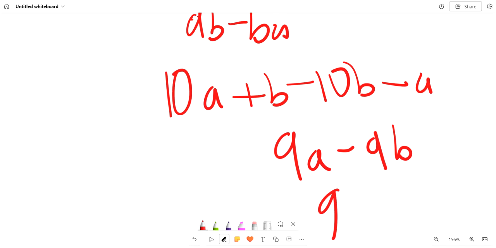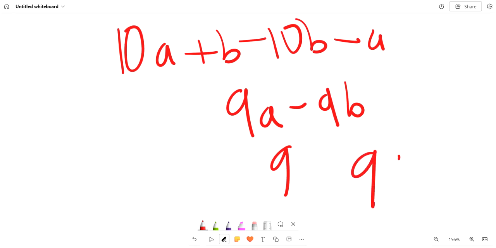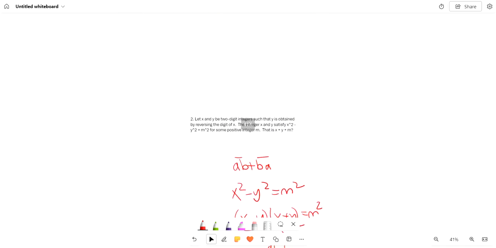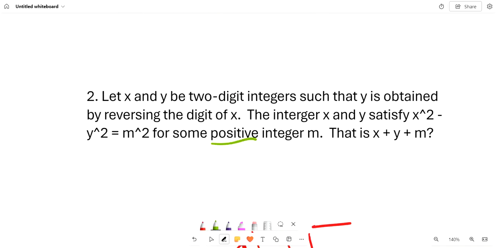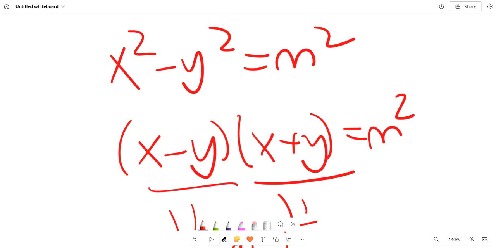So it cannot be divisible by 11, because then x would have to be 99 and y would have to be 99, and we can't have these be the same, because m has to be positive. Therefore, x plus y has to be divisible by 11 squared, or 121.